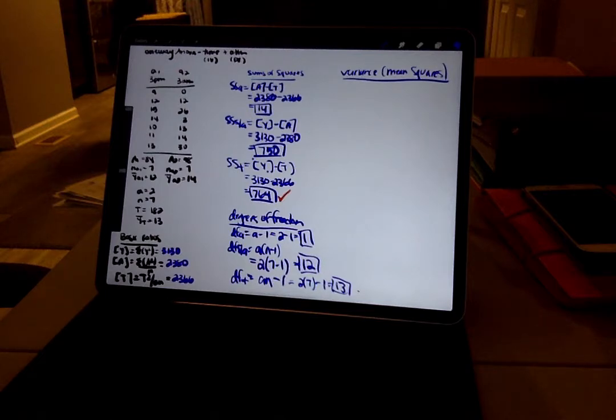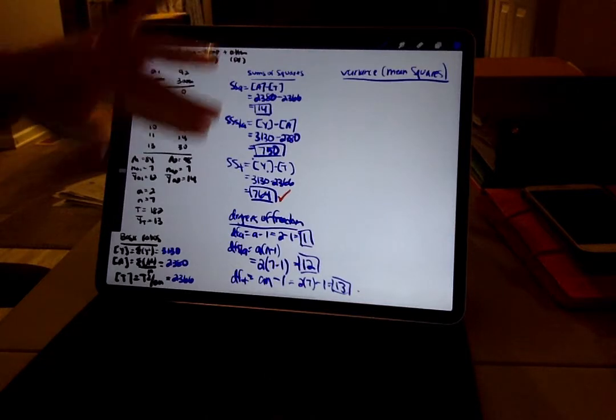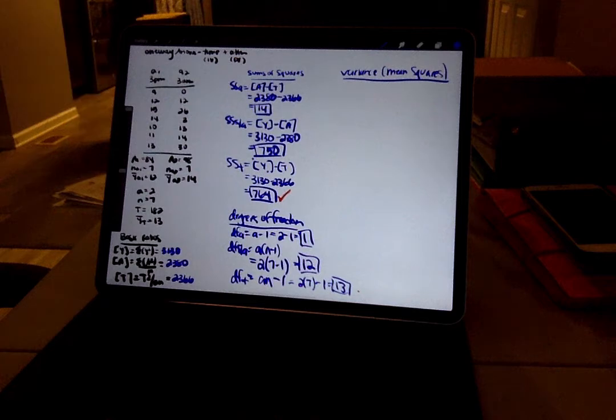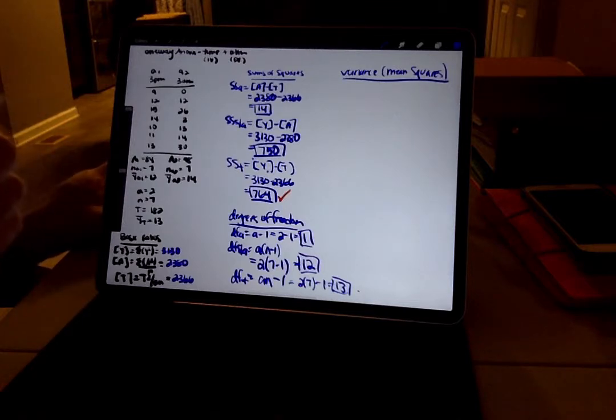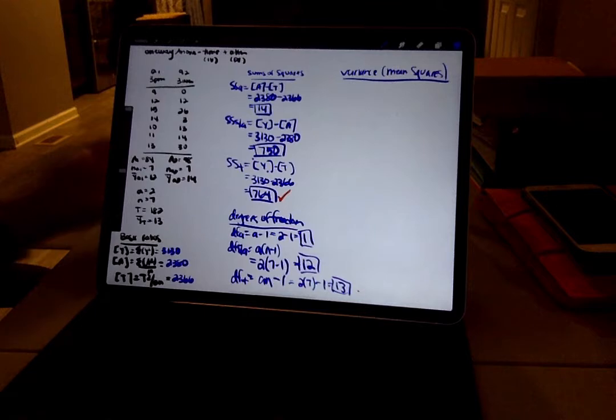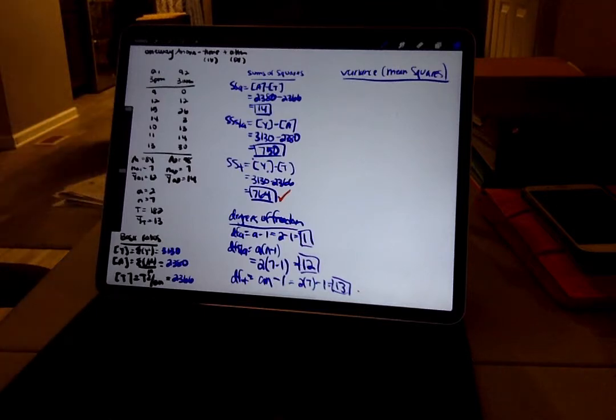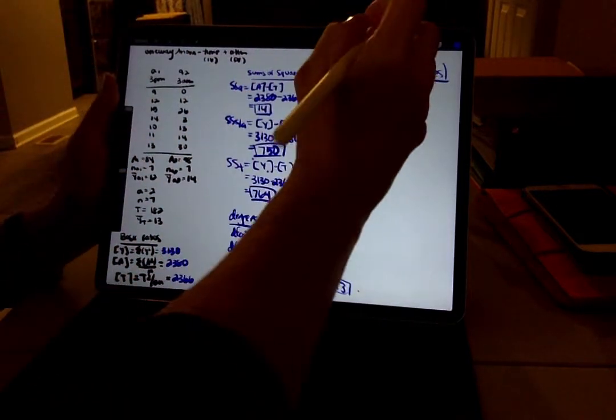That's kind of the universal formula for variance. So you can see in this problem we have 3 different sums of squares and 3 different degrees of freedom. So technically we could calculate 3 different variances or 3 different mean squares. Now customarily we only calculate 2 because we don't really need the mean square T for anything.